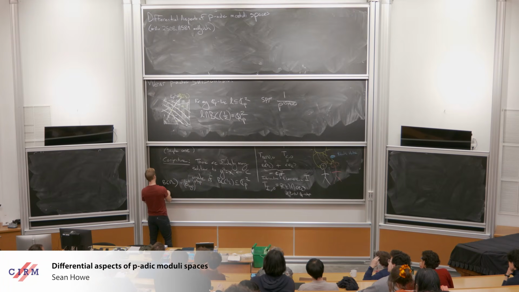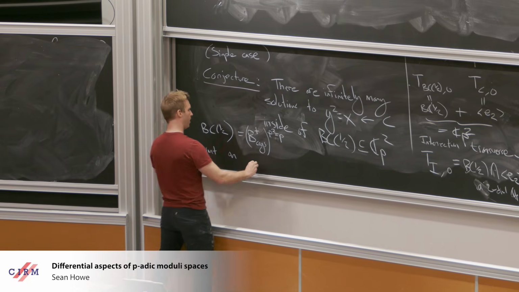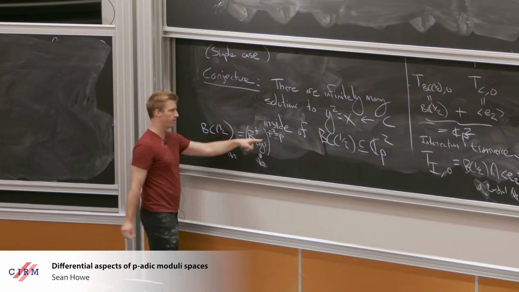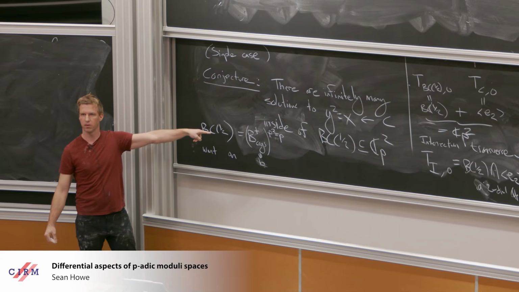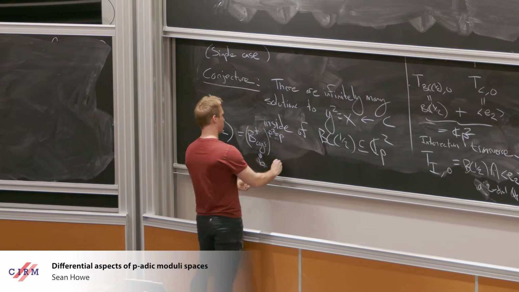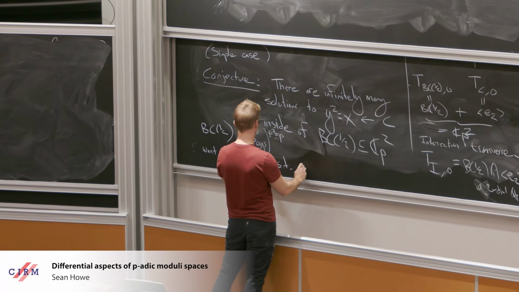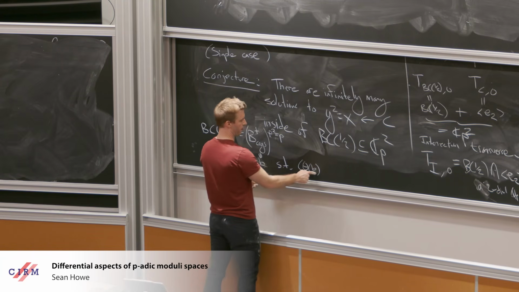You want a little b inside of this phi squared equals p part of the crystalline period ring, such that if I look at, so what does this map? You send it to theta of b.